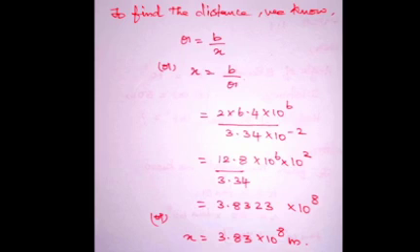Then dividing 12.8 by 3.34, we get 3.8323 and the decimals go on, and I round off to two decimals, so we get 3.83, and adding the powers of 10, I get 10 power 8 meter. Therefore the distance between the earth and the moon is x equal to 3.83 into 10 power 8 meter.